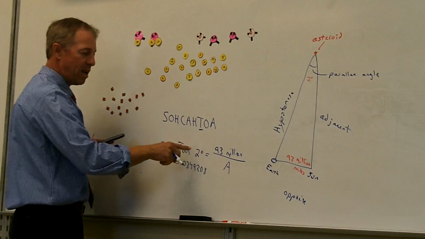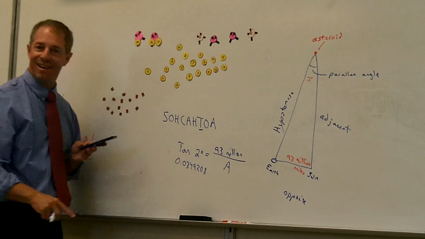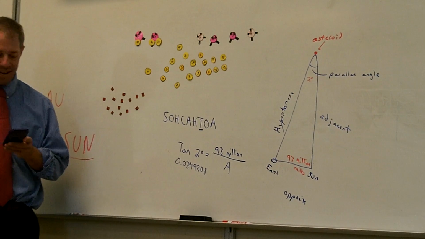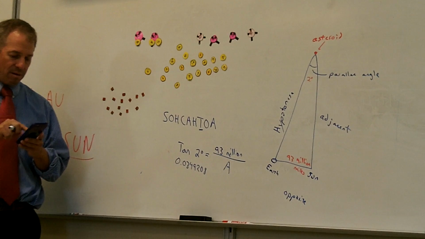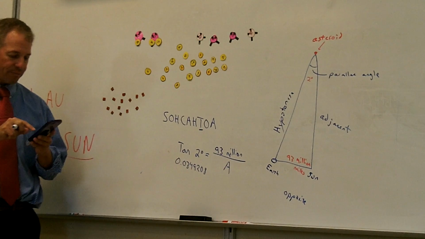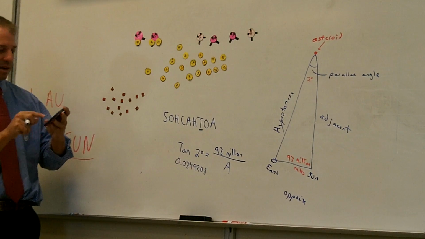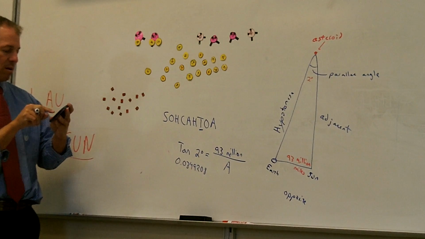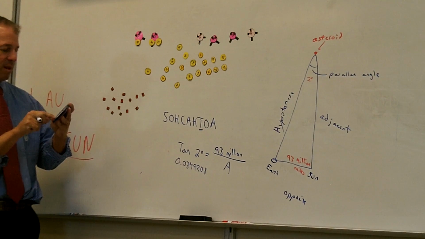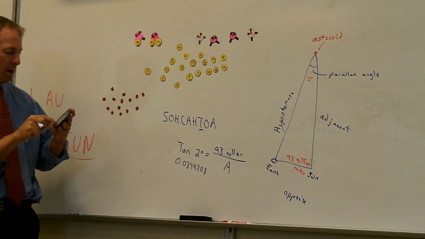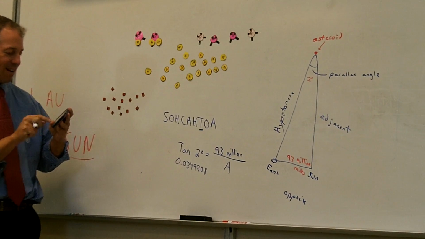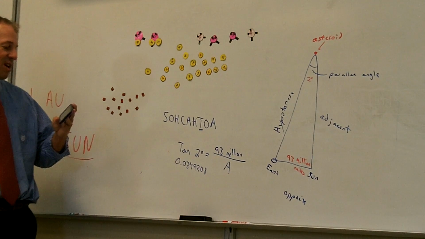So how do we find A? We take 93 million divided by that. You want me to do it? I got a calculator here. Let's turn it on its side so we can get a number this big. 93 million divided by 0.0349208 is 2,663,000,000.